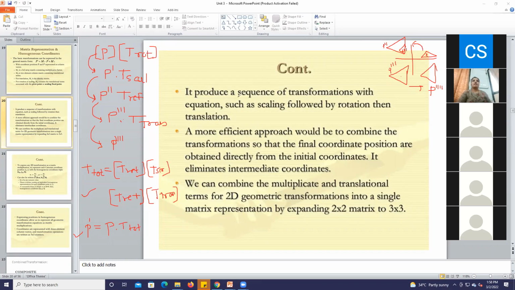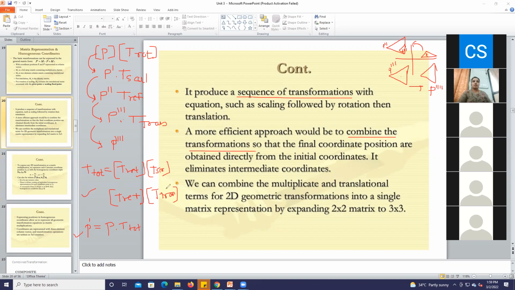And now read this. If we have a sequence of transformations, आपल्याकडे होते हे sequence of transformation होते, 4 transformation केले आपण, such as scaling followed by rotation, then translation and etc. A more efficient approach would be, मग हे असं ट्रान्सफॉर्मेशन करण्यापेक्षा कुठला अप्रोच चांगला आहे? दिस वन, efficient. More efficient approach would be to combine the transformation. I am going to combine the transformations together.